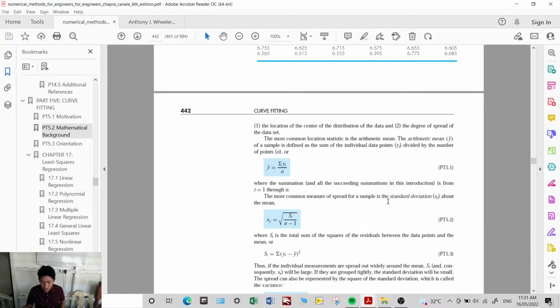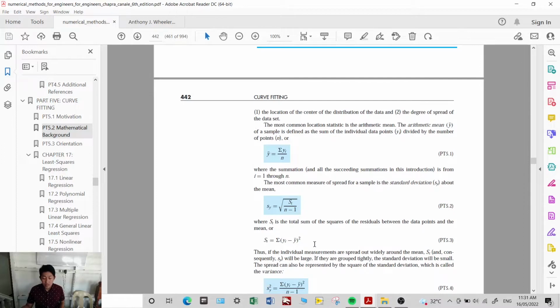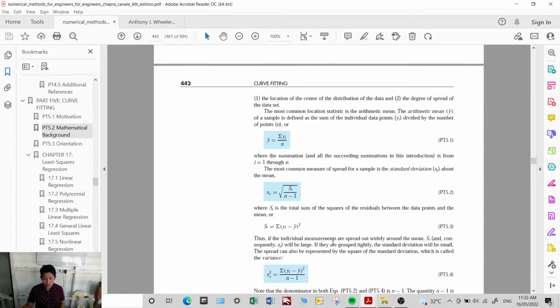This standard deviation is defined as the square root of St, the total sum of the squares of residuals, or the difference between the data and the mean. You square that and divide by n minus 1, and you'll get the standard deviation.